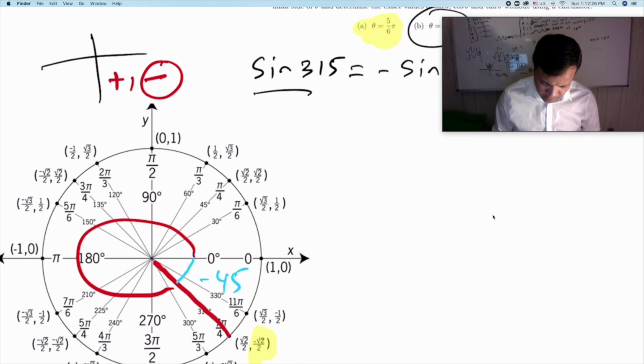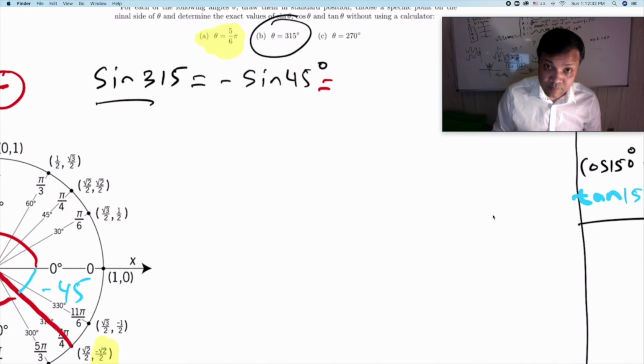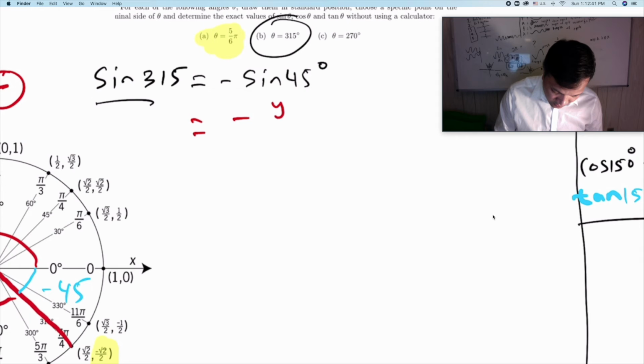All right, so that means sine negative 45 degrees is equal to negative y over r. So what is negative y? Let's create the right triangle.